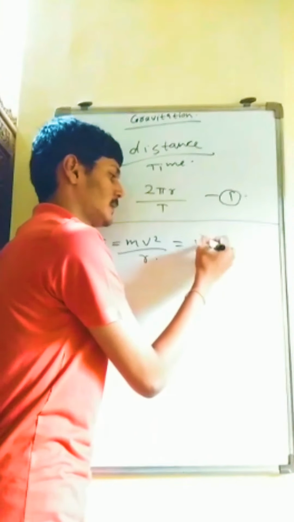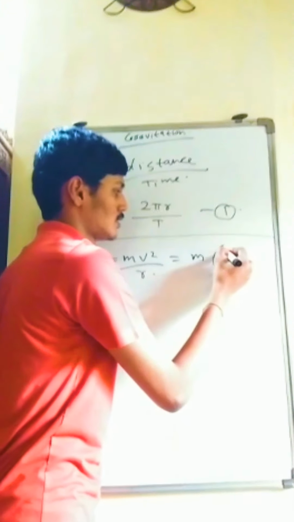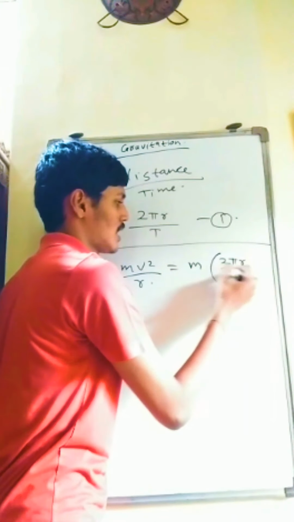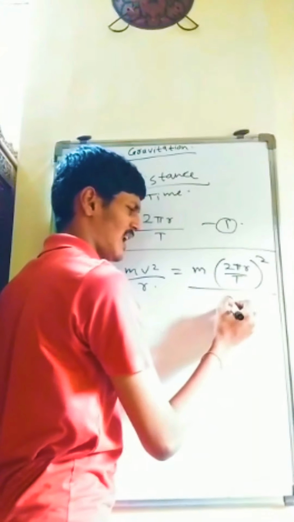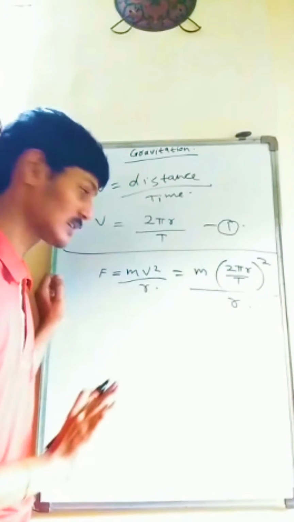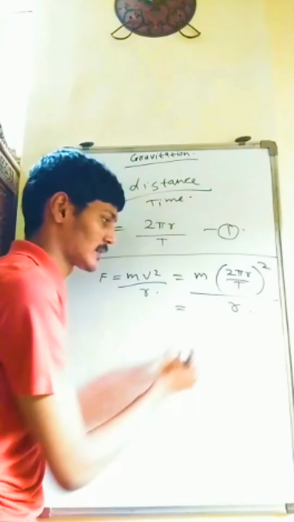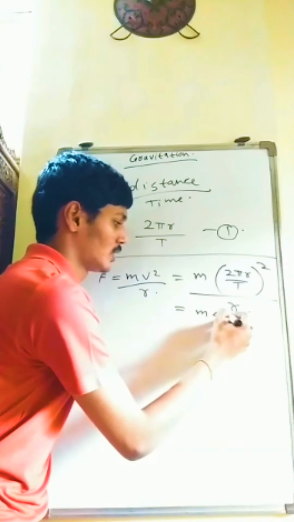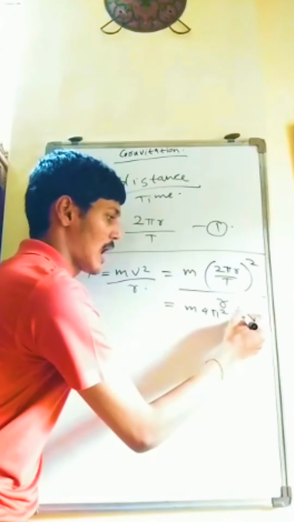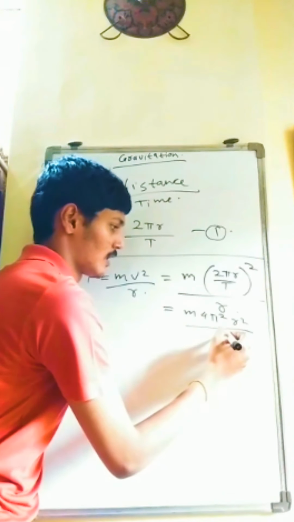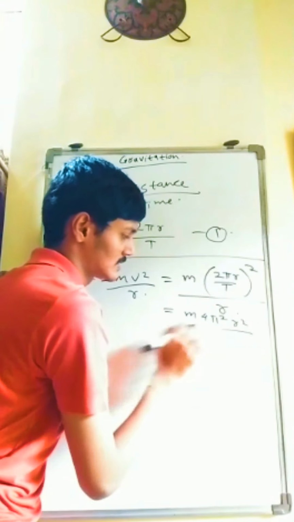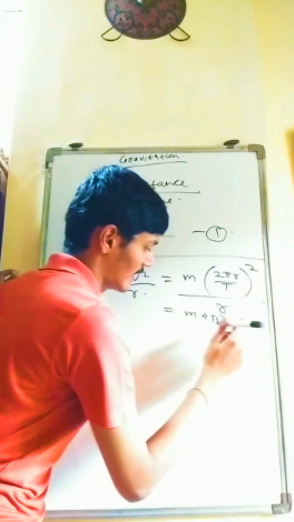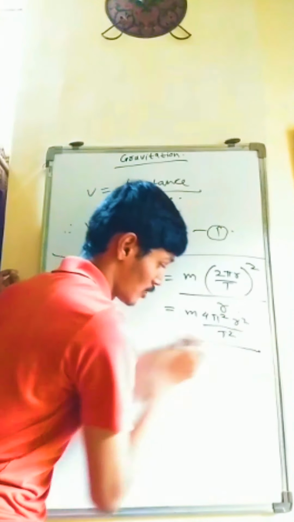Therefore, this equation will become mass into 2 pi r upon T, the whole square, upon r. Correct? Now we'll open the bracket. m 4 pi square r square upon, here one correction, here we'll have a T square, the whole upon r.